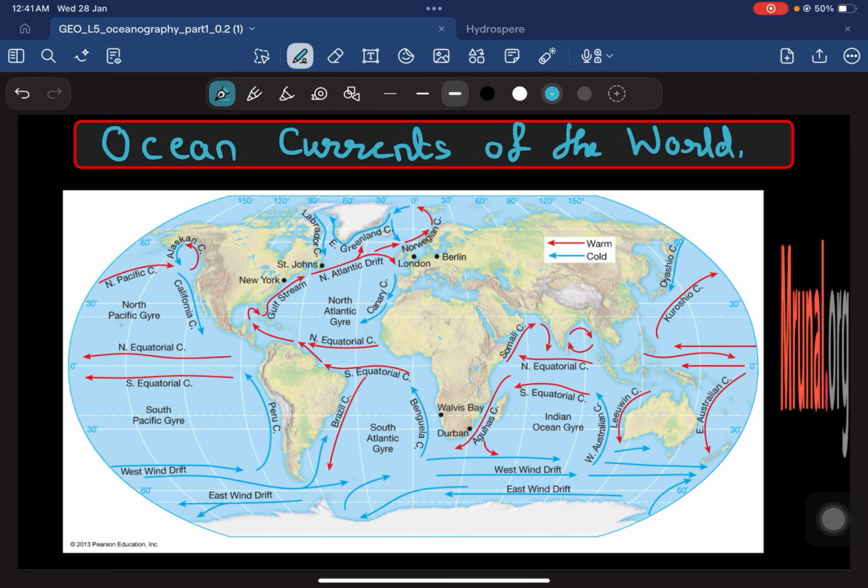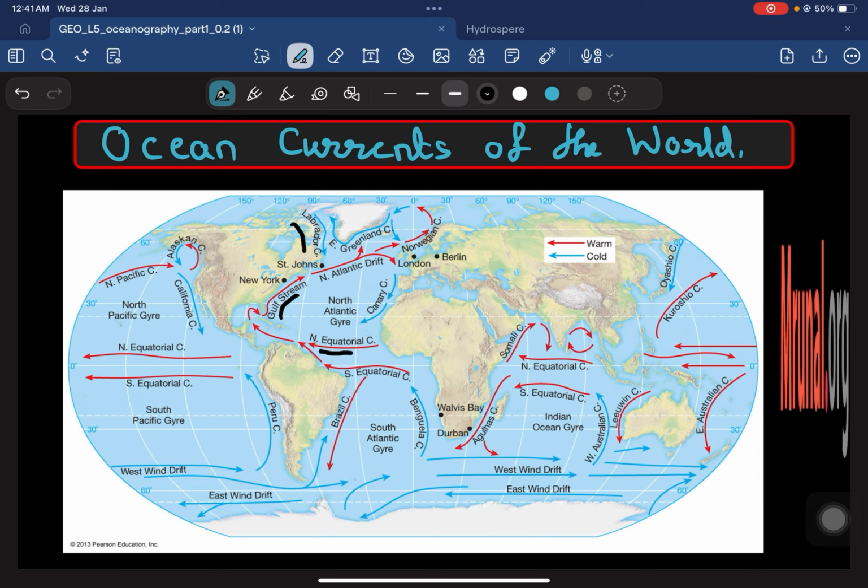Now, ocean currents of the world, we have given some important names for the ocean currents. I will tell you some important ocean current names. You just note them down. Gulf Stream. Wait, students. Gulf Stream is very important, and Labrador current is very important.